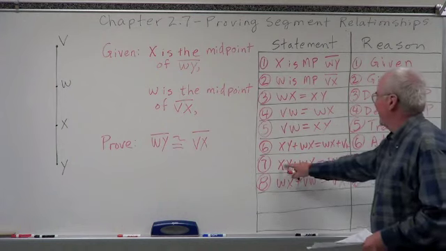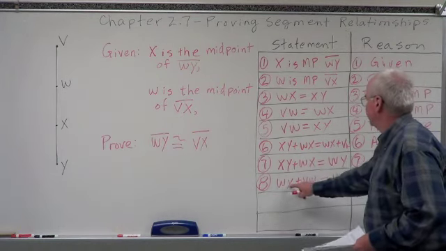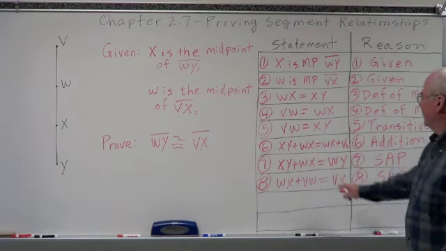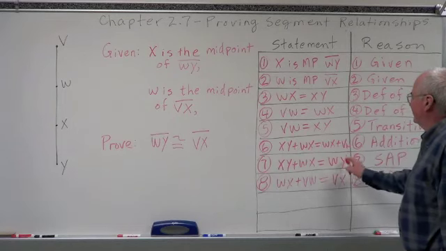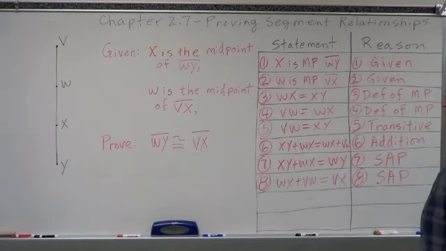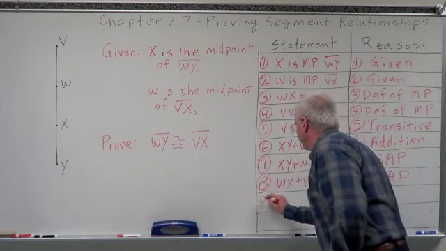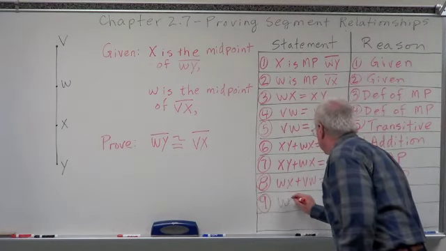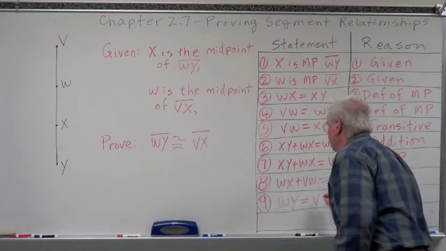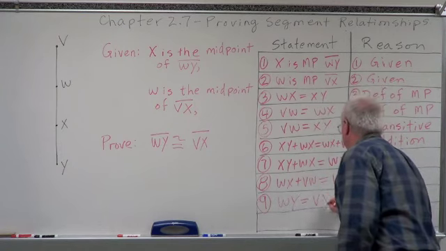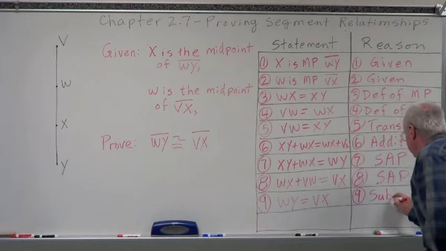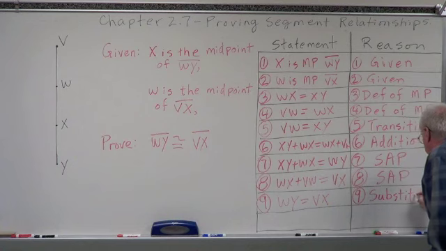What do we know about XY and WX, and WX and VW? Well, they're equal to each other, aren't they? And if these two are equal to each other, then anything they equal is equal to itself. So number 9 is going to be due to substitution.